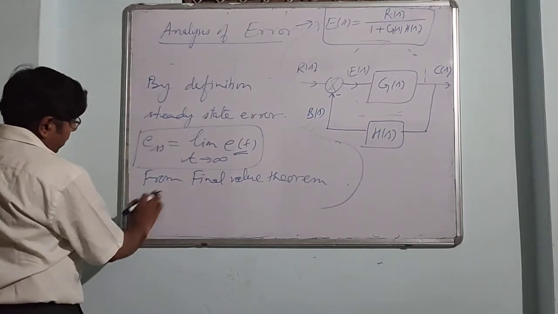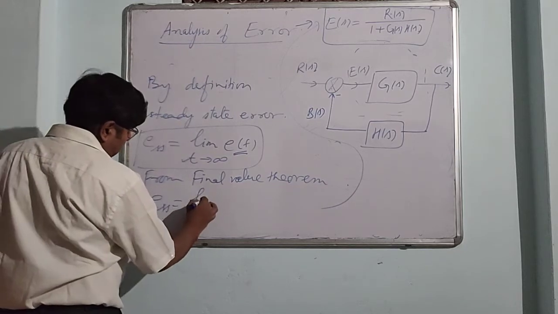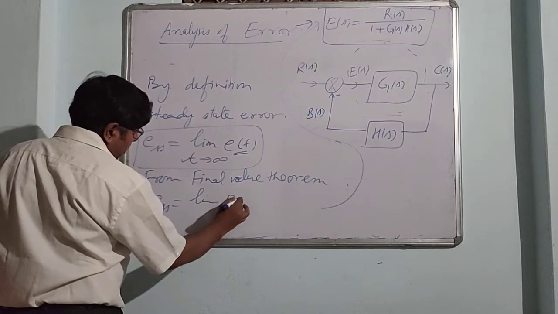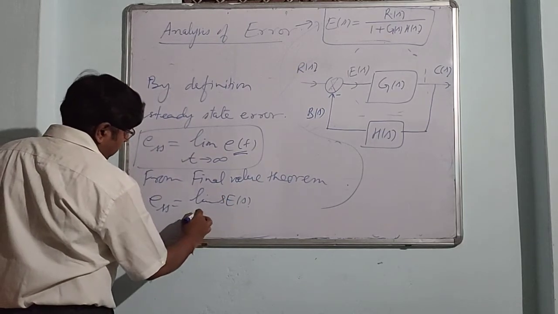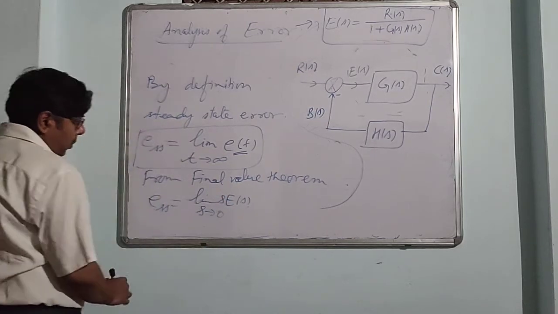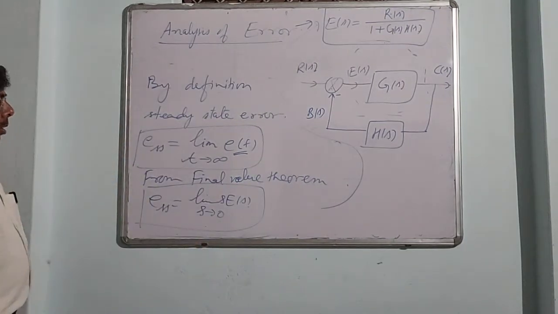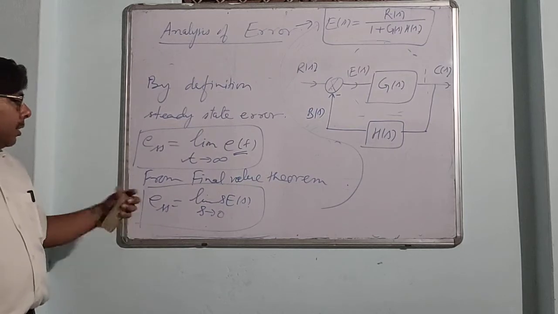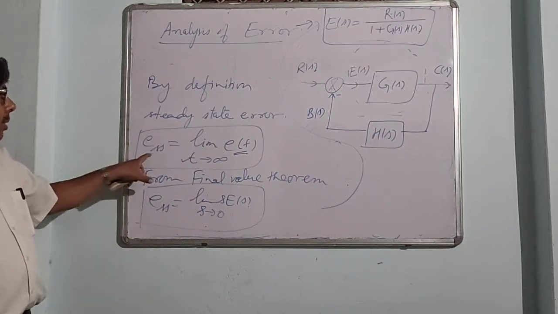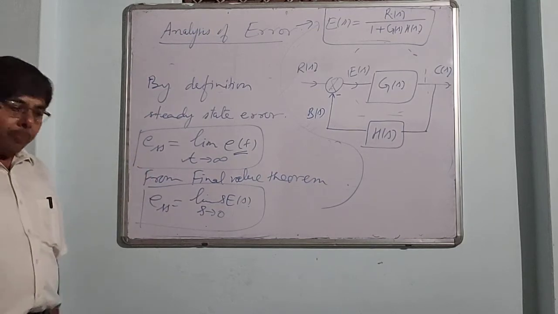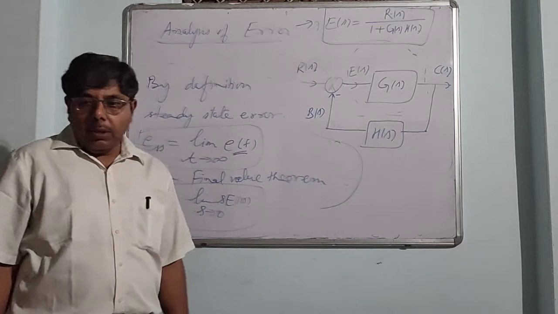You can say steady state error equals the limiting value of sE(s) when s tends towards 0. So this is the value of steady state error in the frequency domain. This is the definition in time domain, and this is the definition for frequency domain.